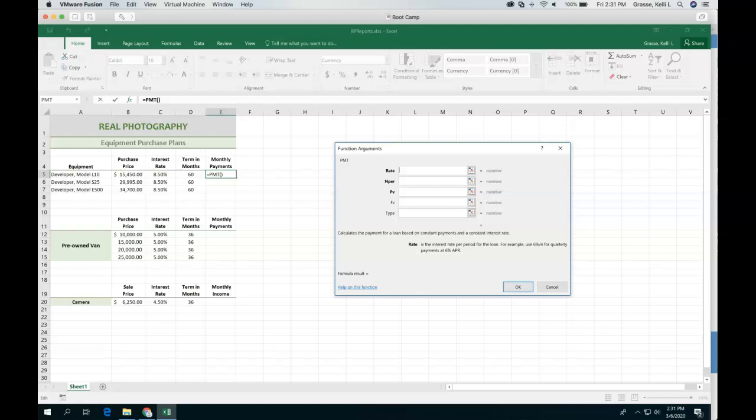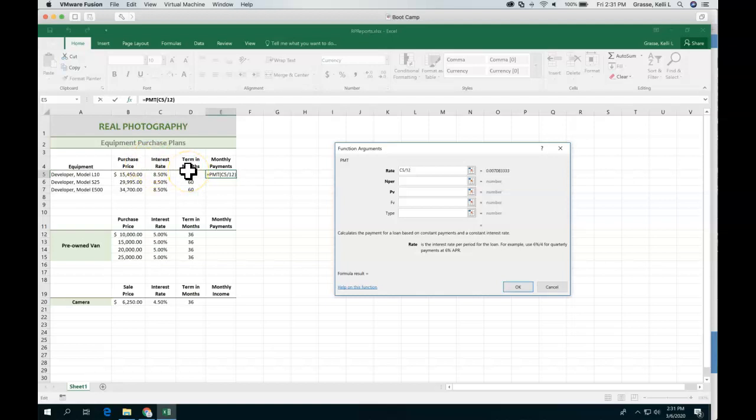Here it has Rate, and it tells me rate is the interest rate per period for the loan. For example, 6% divided by 4 for quarterly payments. In this case, we're paying in monthly payments. So our rate is going to be the interest rate, which appears in cell C5, and we're going to divide that by 12 because this is going to be monthly payments.